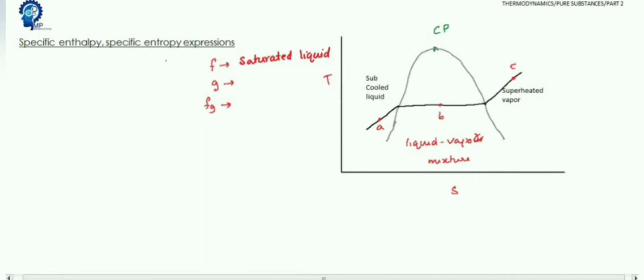F denotes the values of enthalpy and entropy at a saturated liquid. Then G denotes similarly saturated vapor values, and Fg denotes liquid vapor mixture region values.